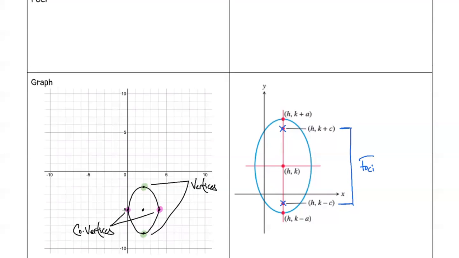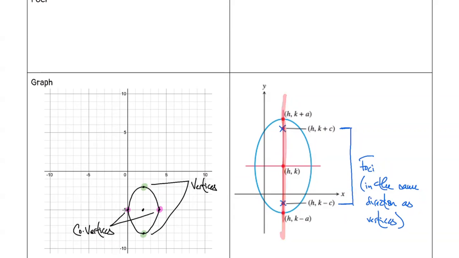The foci are always in the same direction as the vertices. Okay, the foci are in the same direction as the vertices. In fact, there's so many special points along this line, like we have the vertices and the foci and the center, that we call this line the major axis.